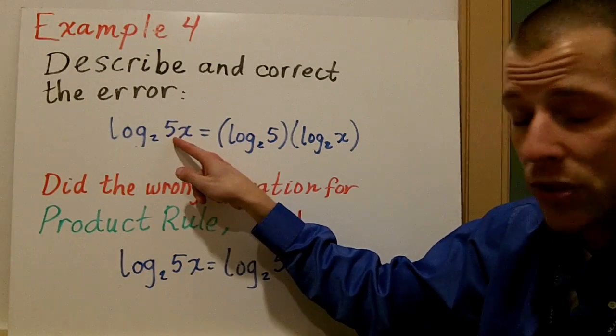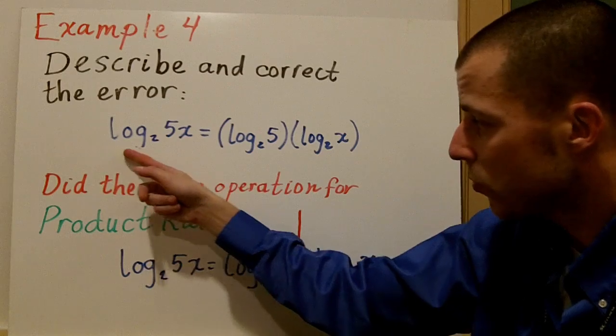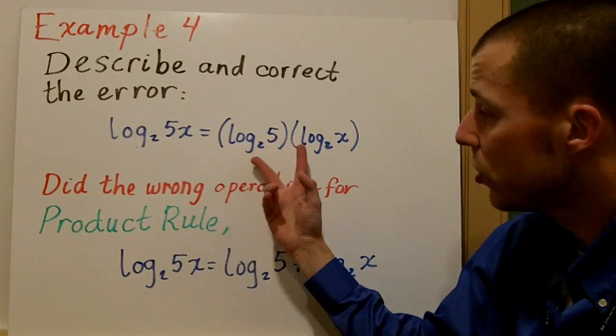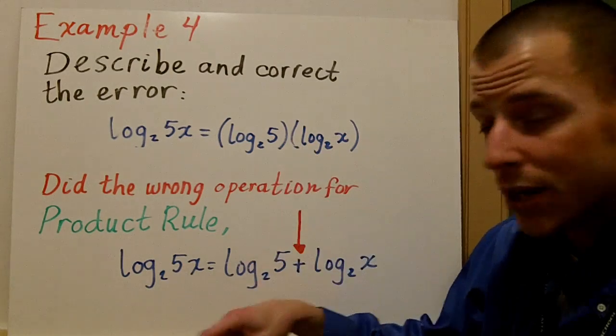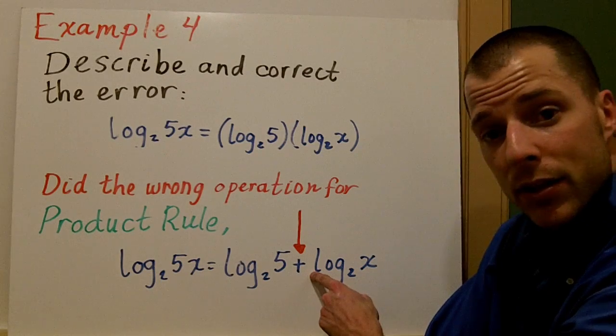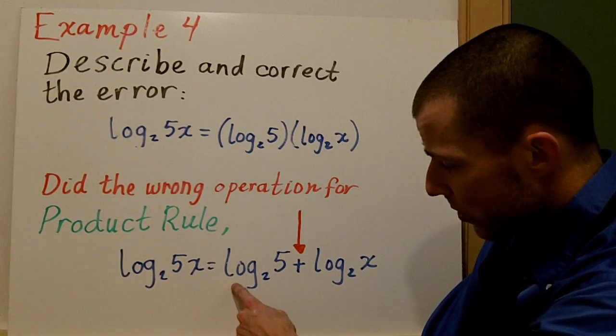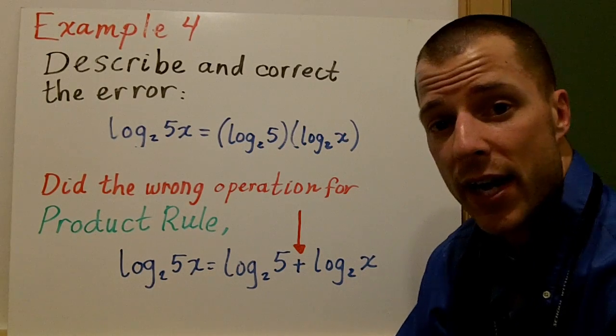To me, they're trying to use the product rule. You're multiplying two numbers together, but what they do is they rewrite with two logarithms here, but they multiply the two logs. And with the product rule, you're not supposed to do that. You actually have to add the two logarithms. So the correct response should be log base 2 of 5 plus log base 2 of x.